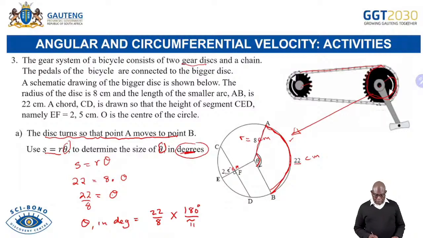Then I multiply that out. So the angle that I'm going to get is 157.6 degrees. So that angle here in degrees is 157.6 degrees, and that's what I have. Okay, so remember, every time I'm calculating, theta is in radians.